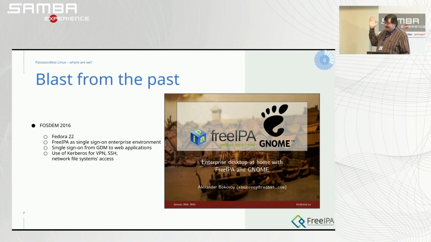But I was talking about this in 2016 at FOSDEM and showed, hey, we can do what is called an enterprise desktop. Basically a GNOME desktop where login into the system with a smart card or a password gives you a Kerberos ticket, which you then can consume in your browser. So if your browser visits a website that supports Kerberos authentication, you get single sign-on.